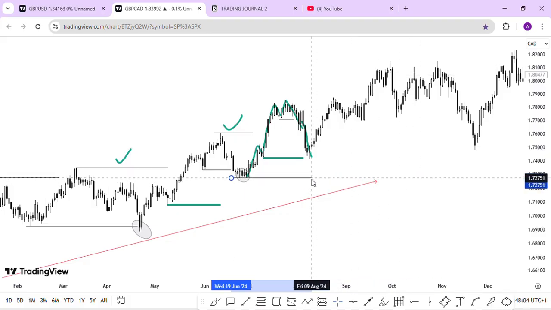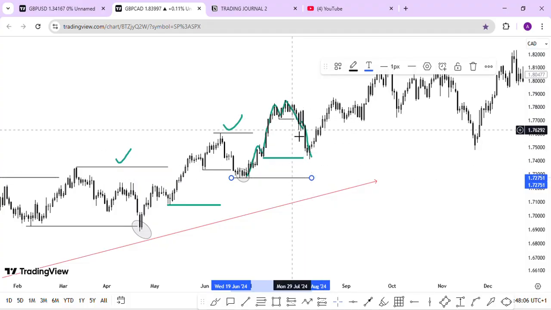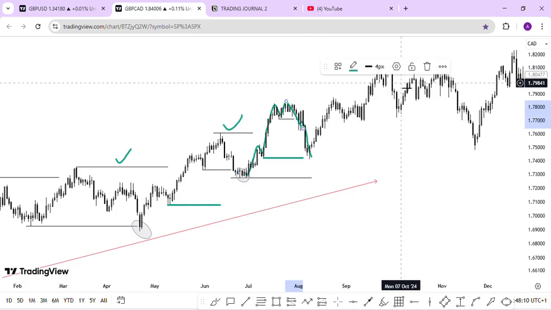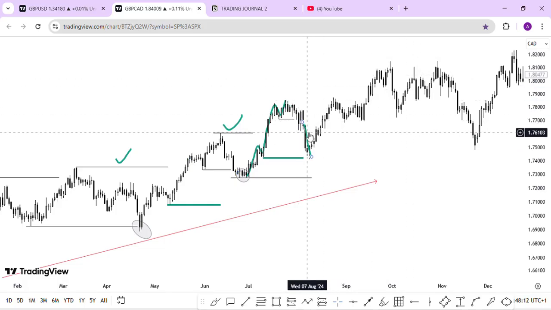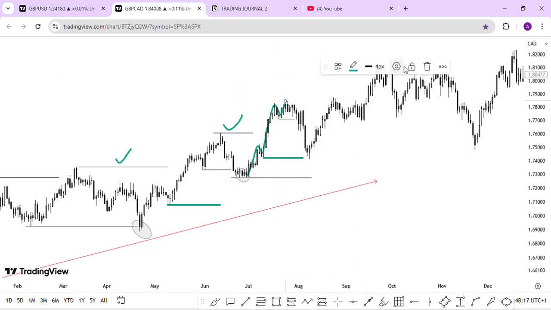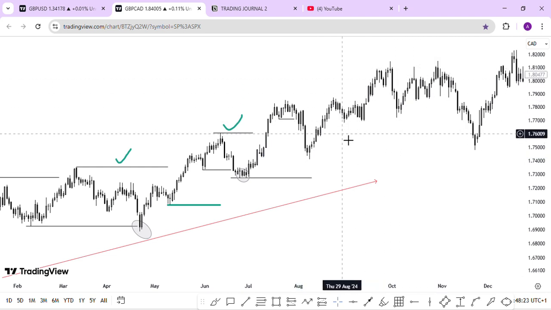So the idea is, before you can take a trade, whenever market takes out your inducements, your liquidity in daily time frame, all you need to do is to go to probably your 1 hour time frame.